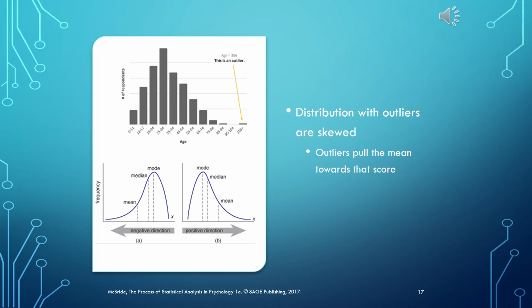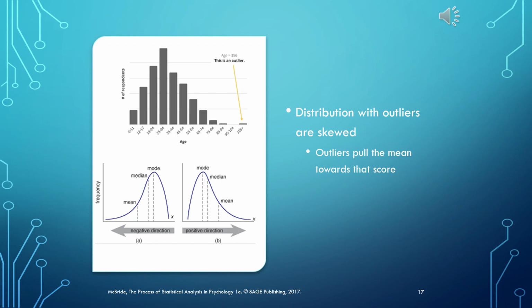So again, what this outlier is going to do, and in the upper graph, we see that there's an outlier on to the right of that graph. Somebody has accidentally put in their age as 356, right?